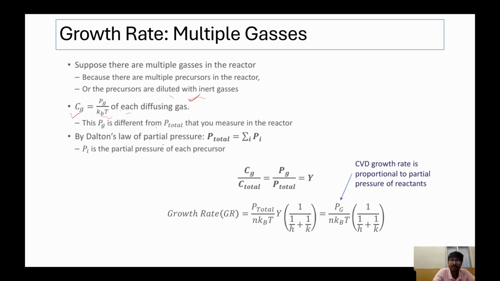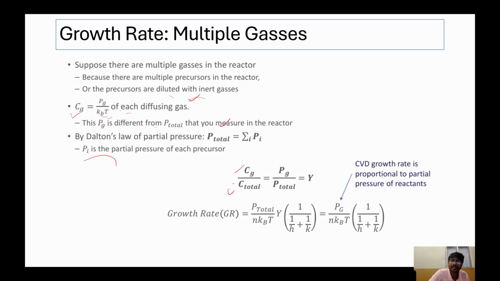By Dalton's law of partial pressures, P total, the total pressure of the gas, is equal to the sum of the partial pressures of all the gases.